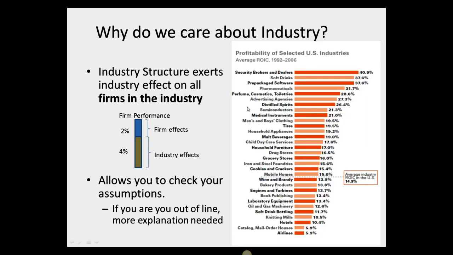Now let's look at this chart here. This is an important chart that explains how different industries have different profitability numbers. You can see security brokers and dealers, their profitability is much higher. Airlines, much lower profitability. Now, why is that? Well, we're going to explain that in the next video, but the key is to understand at this point that there are just differences in industries.